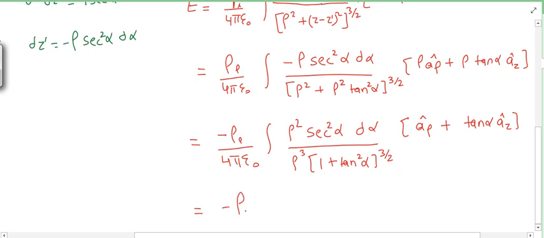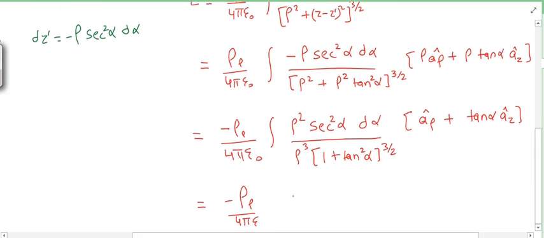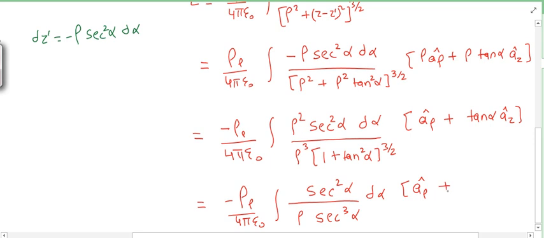Simplifying again, rho L by 4 pi epsilon naught, here the integration, and this power and this value will be cancelled, so the remaining will be rho, and 1 plus tan square alpha is sec square alpha, so again the sec square alpha and the power will cancel, and the thing which will come out is sec cube alpha, and the remaining sec square alpha d alpha remains the same, a rho cap plus tan alpha az cap.